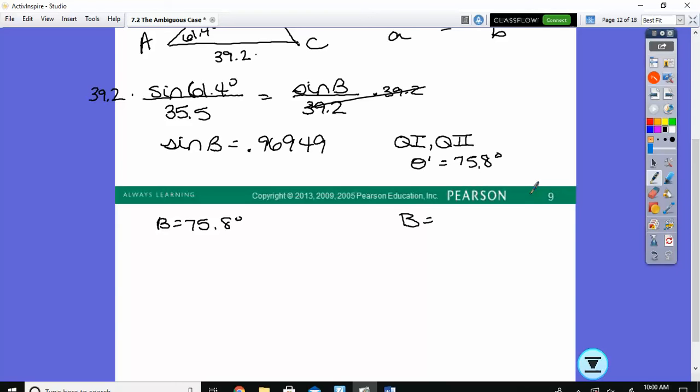Just like on the last test. 180 minus that, and so we get 104.2 degrees. In quadrant 1, your reference angle is your angle. So right now, we have an answer, and it looks like we have 2 separate possible triangles.